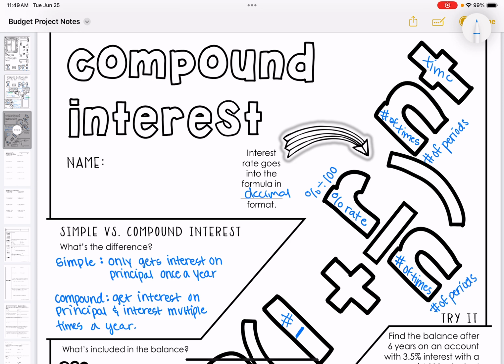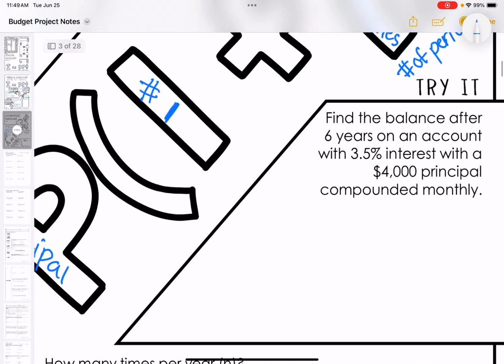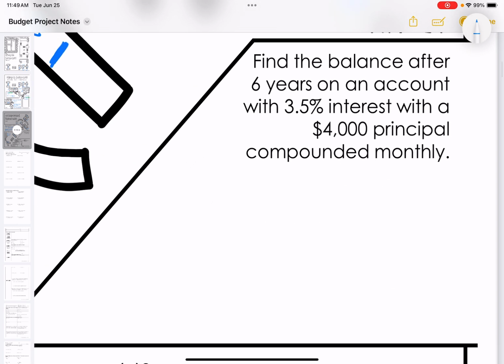All right, so let's look at an example. So we want to find the balance after 6 years on an account with 3.5 interest with a $4,000 principal compounded monthly. So I'm going to list all of our variables that we need for the formula.